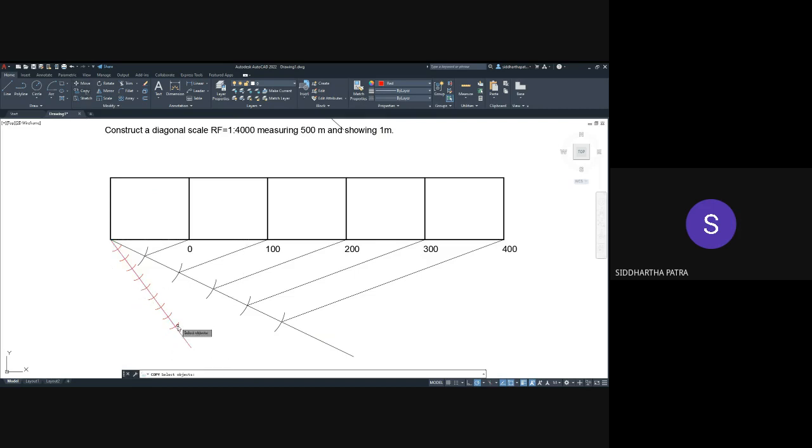So then you have your 10. Now again, I can join these lines, and then I can draw parallel lines.